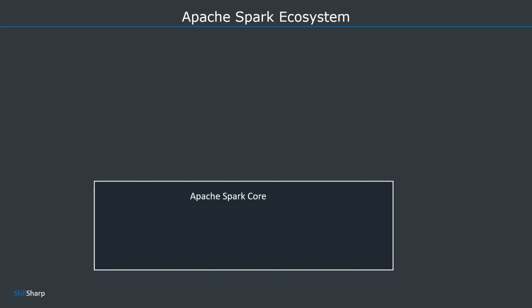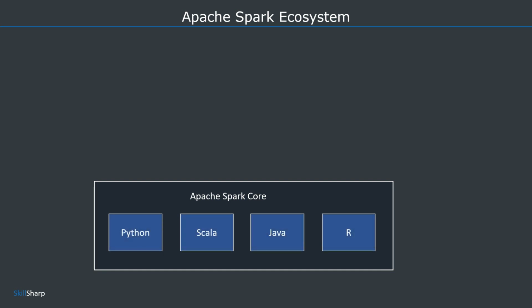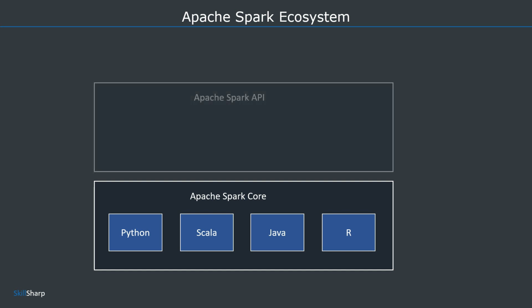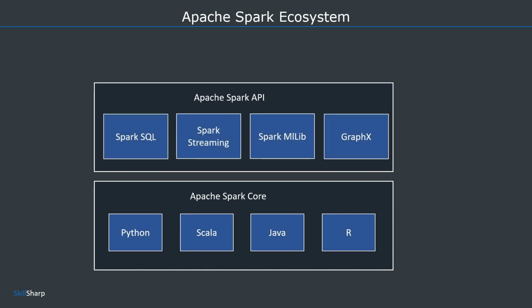The first component of Apache Spark is Apache Spark Core, which comes with core APIs in the following languages: Python, Scala, Java, and R. On top of that, there are some libraries and APIs for the abstraction layer, and those are Spark SQL or DataFrame APIs, Spark Streaming API for stream processing, Spark MLlib APIs for machine learning and artificial intelligence workloads, and Spark GraphX to process graph data or graph algorithms.